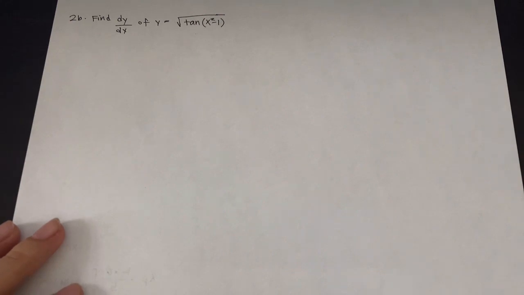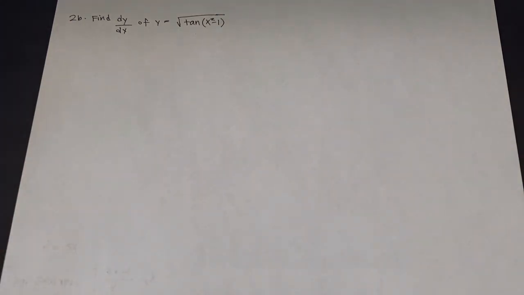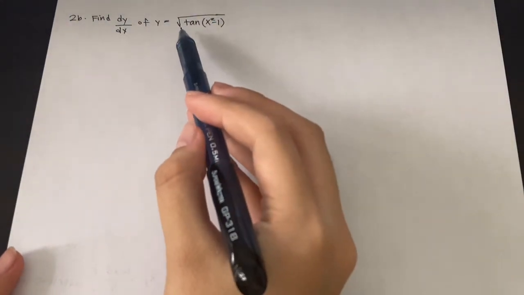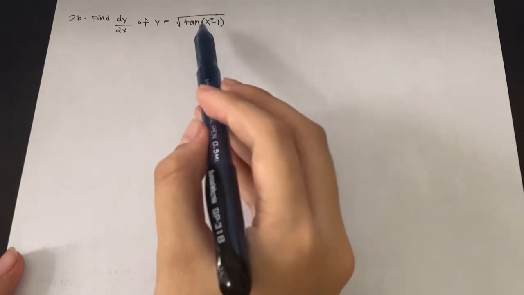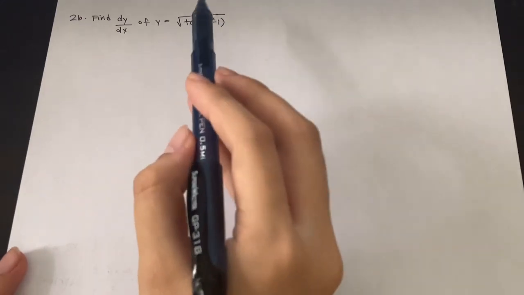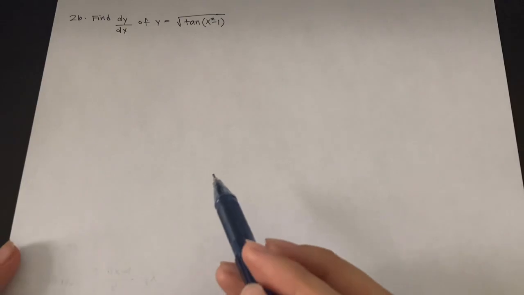So what we can do here, since the formula for the chain rule is the derivative of the outer function evaluated at the inner function times the derivative of the inner function, we can write it like this. So we will first find the derivative of square root evaluated at tangent of x squared minus 1.